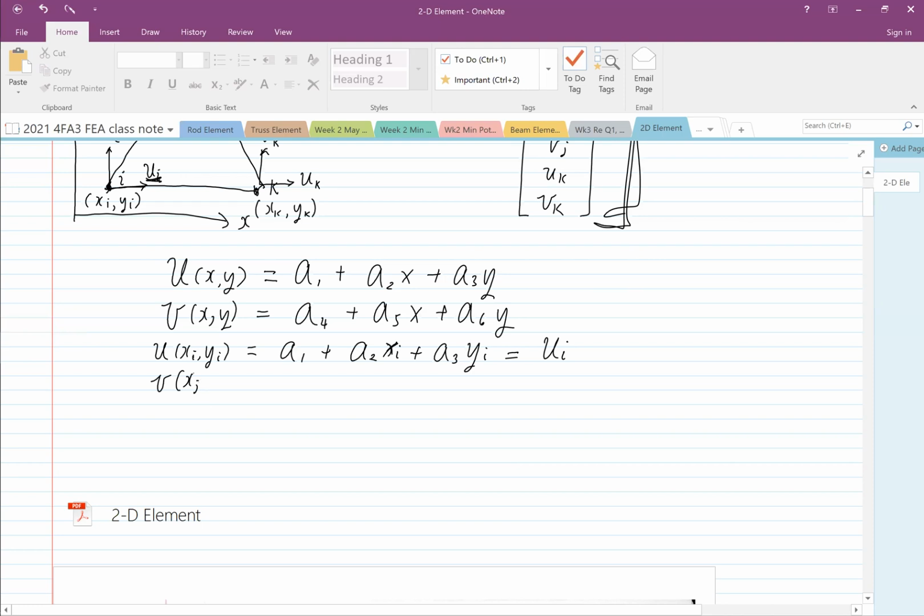The vertical displacement at node i is a4 plus a5 xi plus a6 yi, which equals the vertical displacement at i.